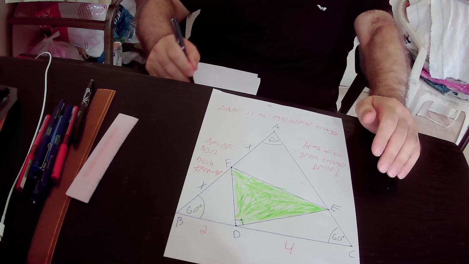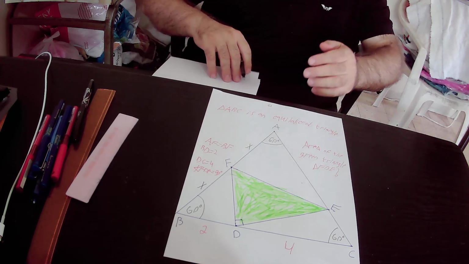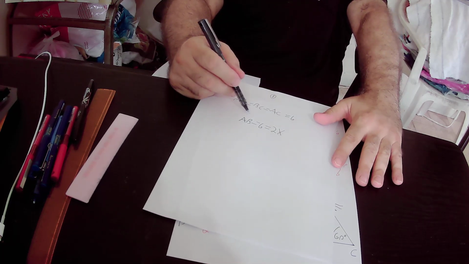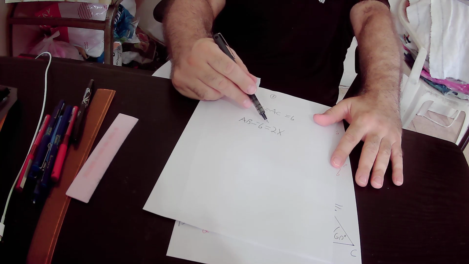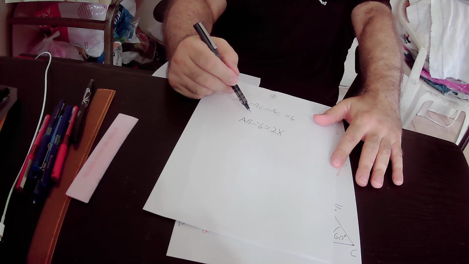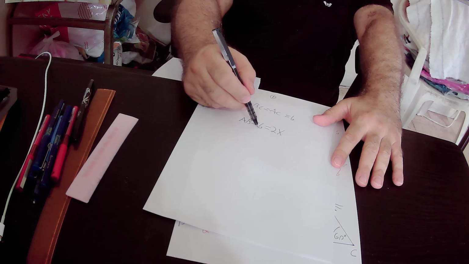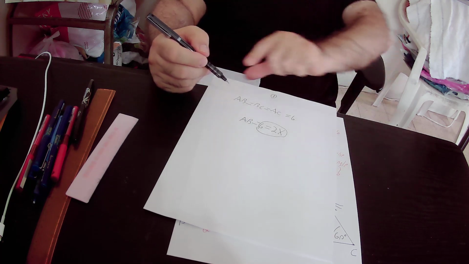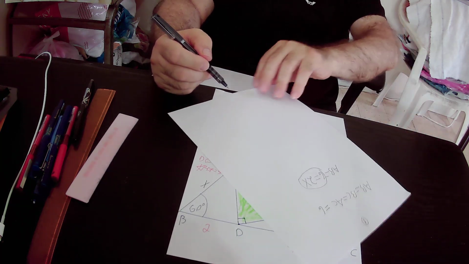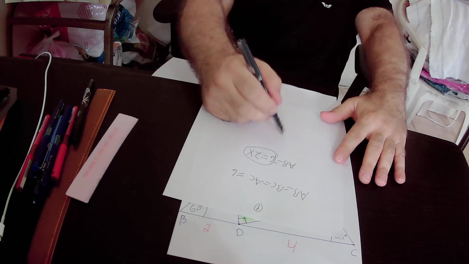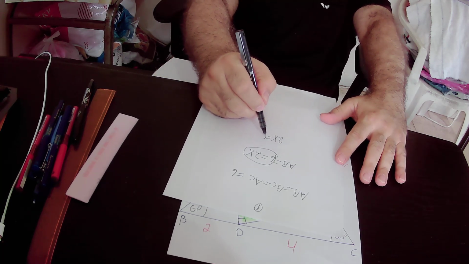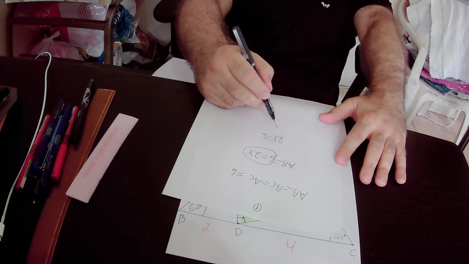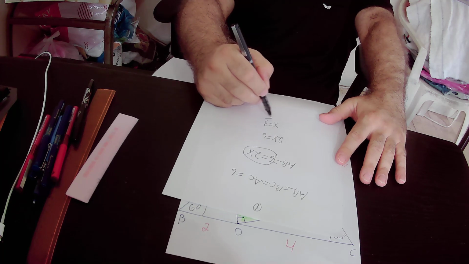So we have this equality that states that AB equals 6 units equals 2X. From this equality we can derive that 2X equals 6, and if 2X equals 6, then we can divide this equality by 2 and we will get that X equals 3 units.